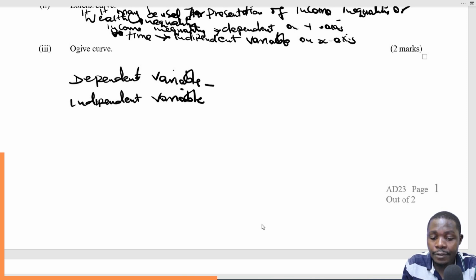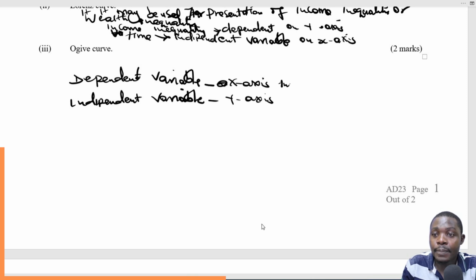For the ogive graph, the independent variable is plotted on the x-axis, then the dependent variable, which can be in terms of the inputs and outputs, is plotted on the y-axis.